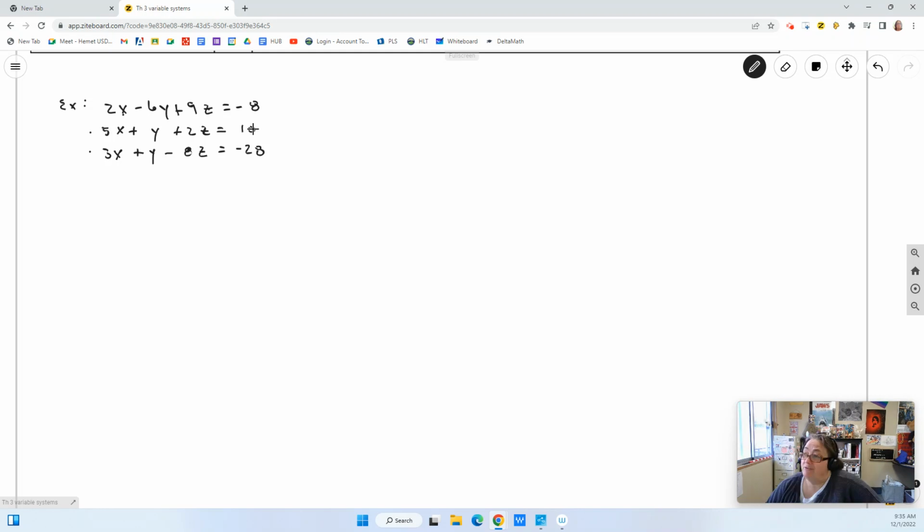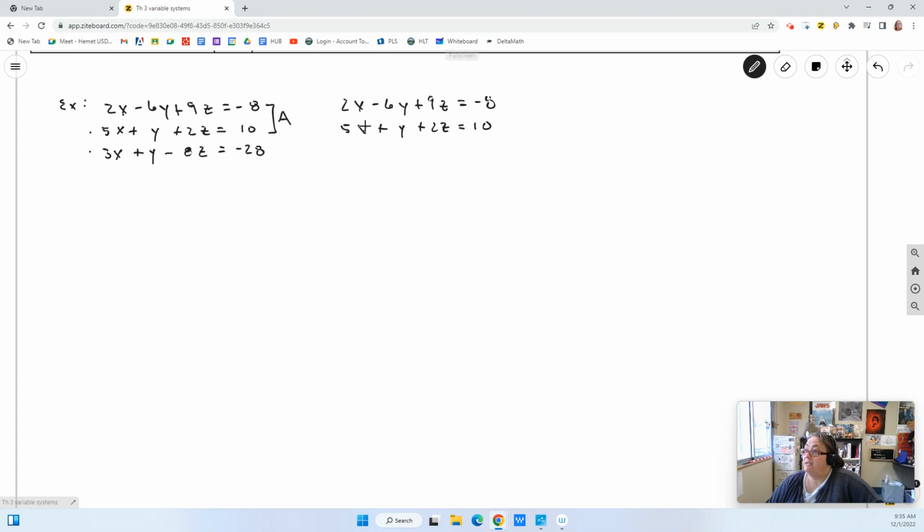So I'm just going to take these first two equations and call them my equation A. Here's 2x minus 6y plus 9z equals negative 8, and then I've got 5x plus y plus 2z equals 10.